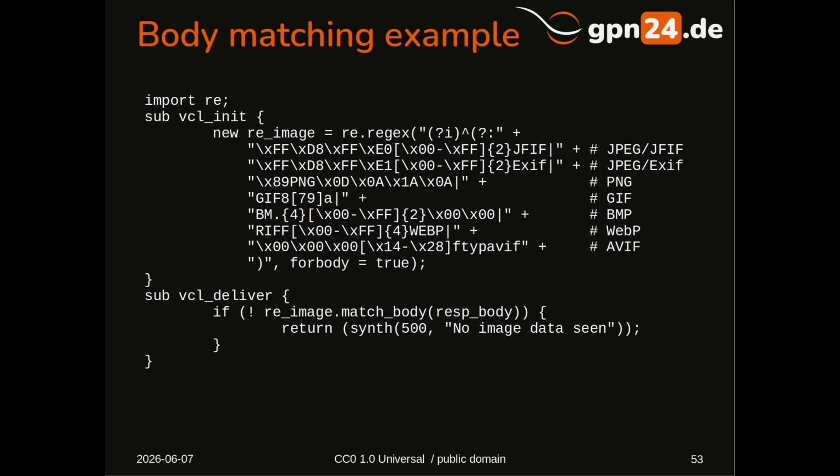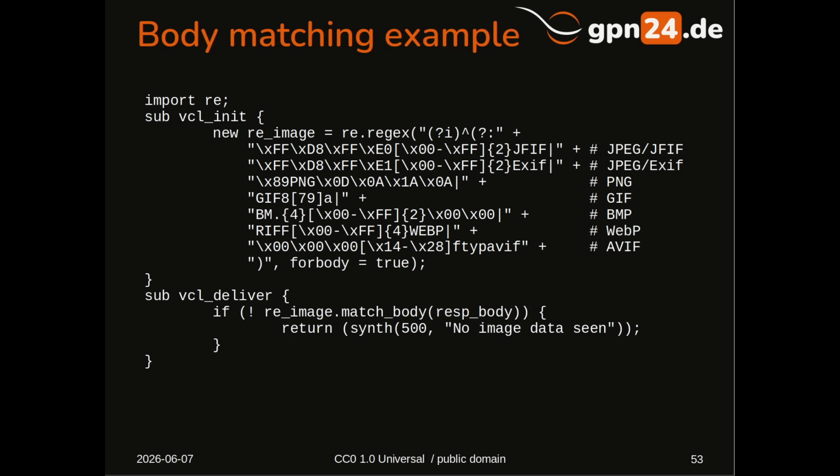This example is not great because we used it for the response body, and I was right now talking about more the request. But please forgive me, I'm mentioning it because I think it's such a cool example. This is a regex which checks if something is an image. And it doesn't check this in the way of: is it an image, does it really parse, does it decompress, is it really valid, does it have a good color scheme, is it maybe CMYK when I only want RGB?